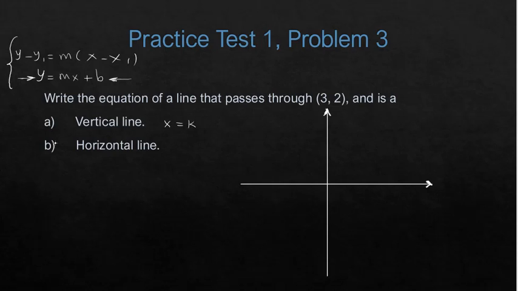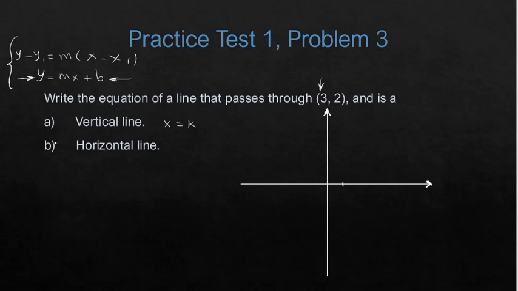If it's vertical, we should know that the format of the equation of a vertical line would be x equal to some number k, because along a vertical line, the position of x is the same.